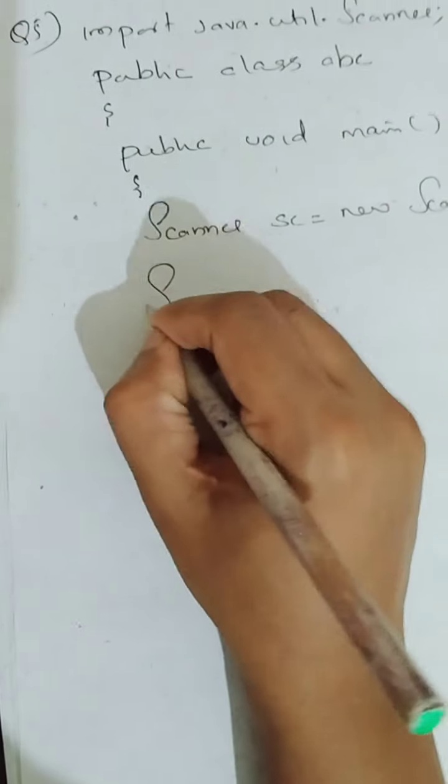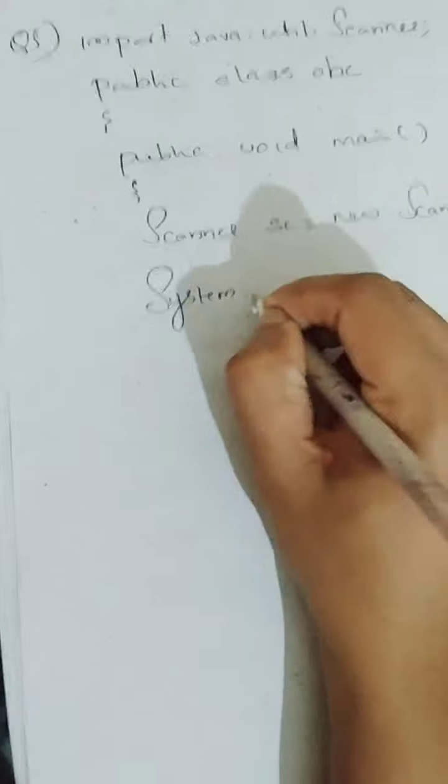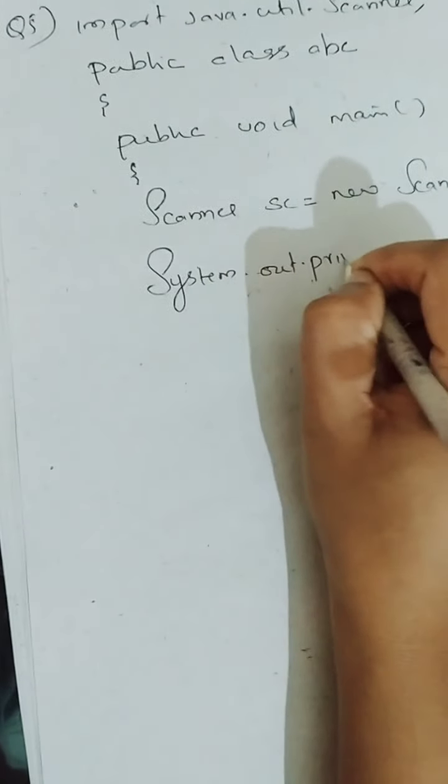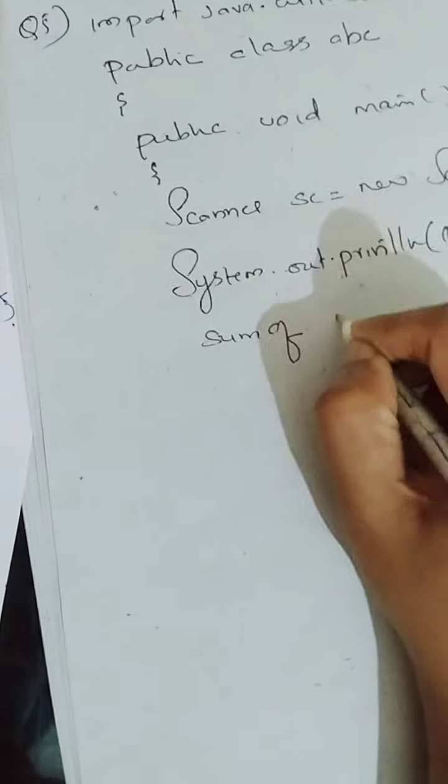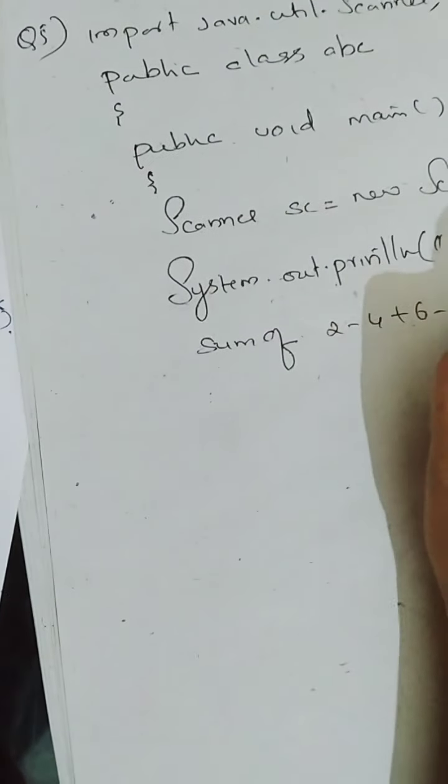So I am going to prompt the user by giving a menu. For that I will write System.out.println in double quotes, "Enter 1 for sum of 2 minus 4 plus 6 minus 8 plus etc. plus 20."